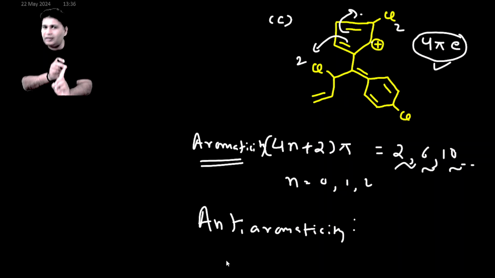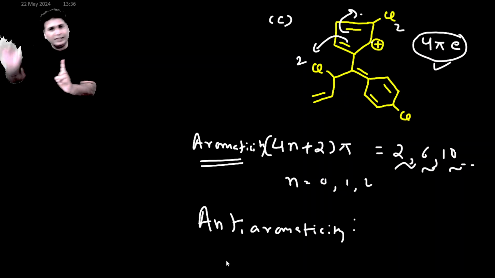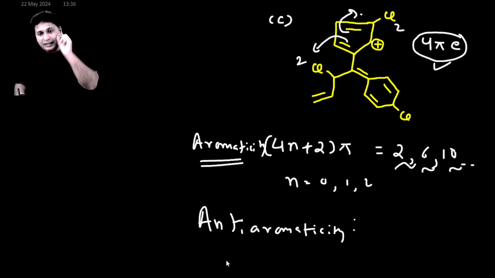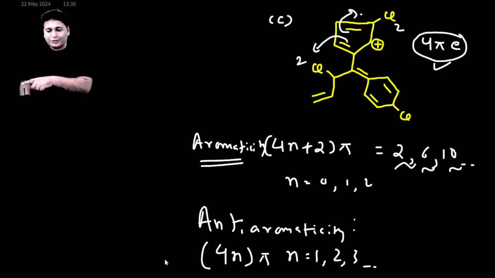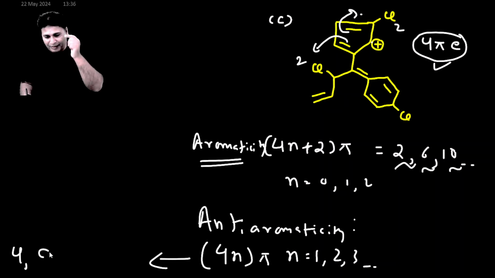You need a cycle, cyclic conjugation, flat, all these properties are there. And next you should have 4n pi electrons in cyclic conjugation, where n can be 1, not 0: 1, 2, 3 and so on. So after putting the values, it will come as 4, 8, 12, etc.